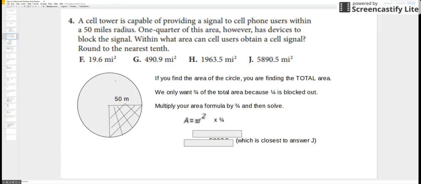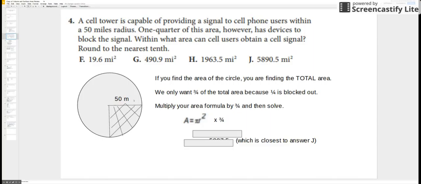So you have this whole circle with a 50-mile radius. Now, the problem is in this 1/4, it's blocked off, so you don't need anything with this 1/4. The cell signal is blocked off here.